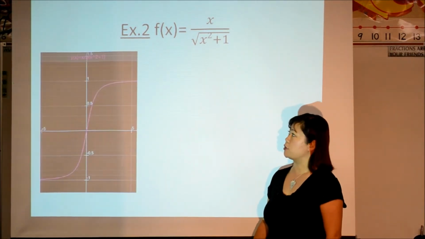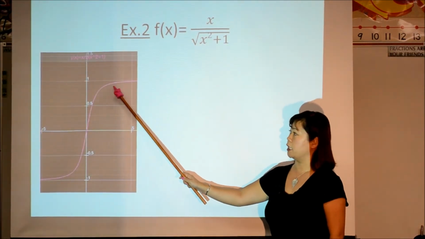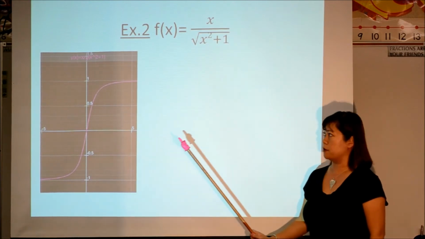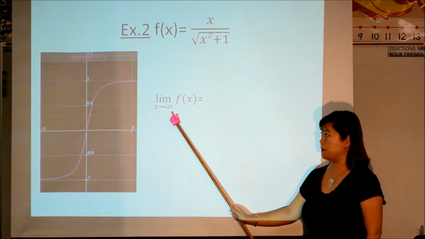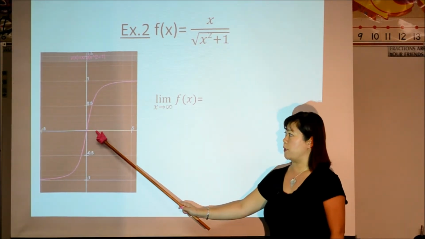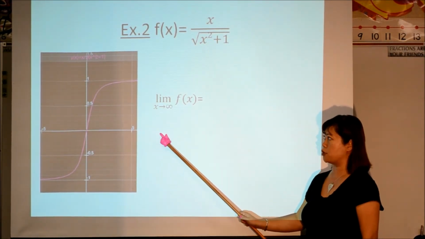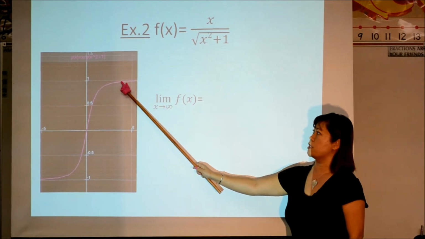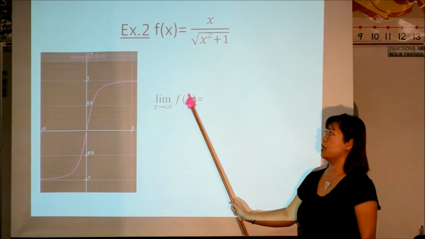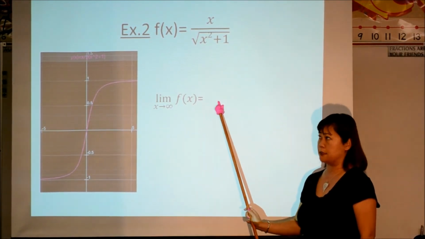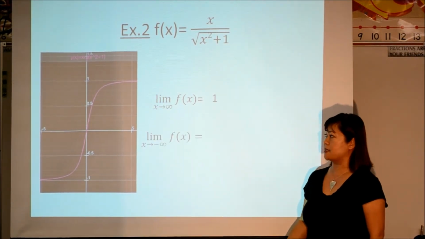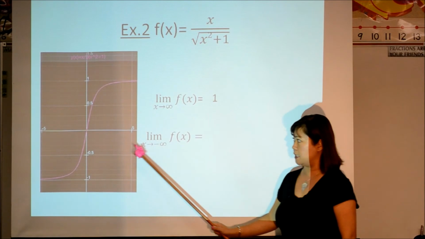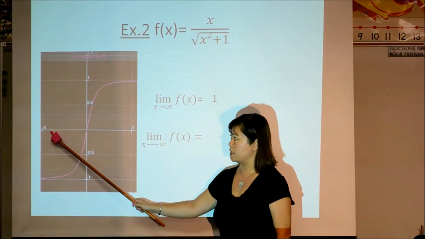So example number 2, doing the same thing. We're taking this graph right here, and we're going to look for the limit. So the limit as x approaches positive infinity. As we go towards positive infinity on the x-axis in this direction, this graph right here is approaching really, really close to, again, the y number we're looking for, positive 1. Then we have the limit as x approaches negative infinity, so that's this direction going towards this way.